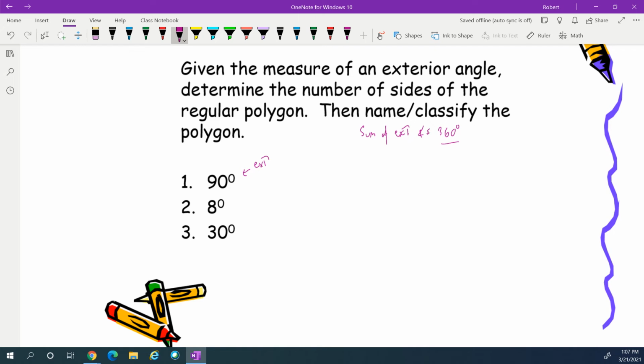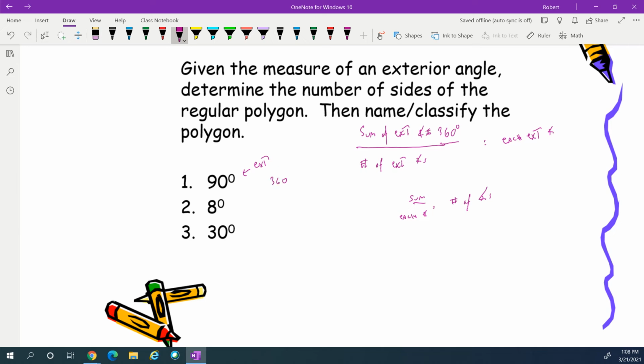If we divide by the number of angles, that would tell us each exterior angle. If we take the sum and divide by each angle, that would tell us the number of angles.